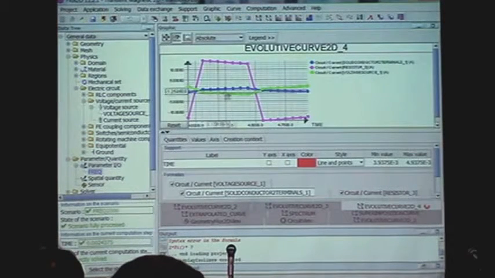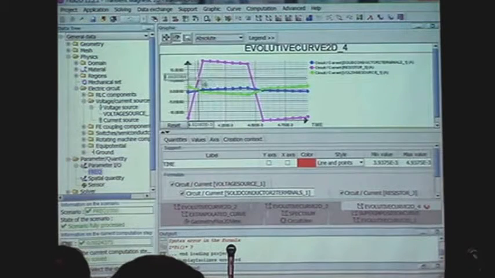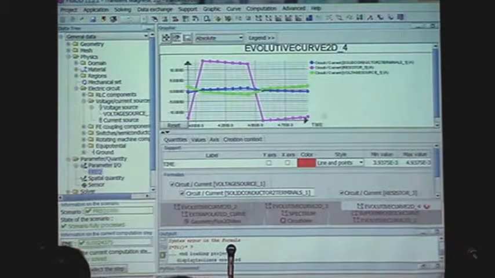We have the current through the primary, which is opposite. It's just because we assume that the current is negative in the source, basically. And then this is what we find as the current in the secondary. So what do we have here? We have, as I said before, everything here is solid.